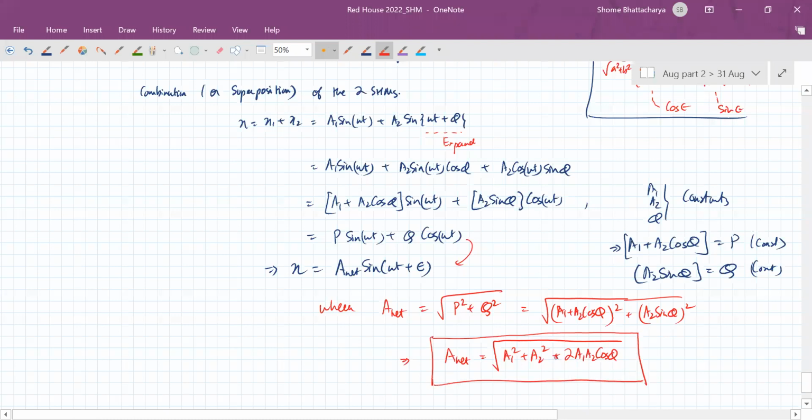So their amplitudes add in such a way that the phase also plays a role. And epsilon becomes tan inverse of A2 sin phi divided by A1 plus A2 cos phi, because of the above.